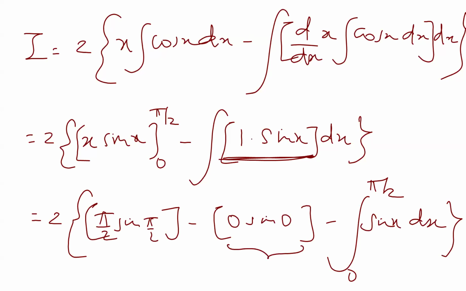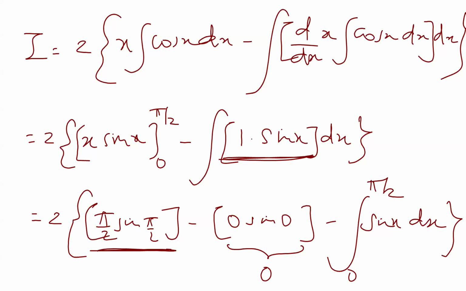The second bracket is going to be 0. What about the first bracket? The first bracket is going to be pi by 2 because sin pi by 2 is 1.